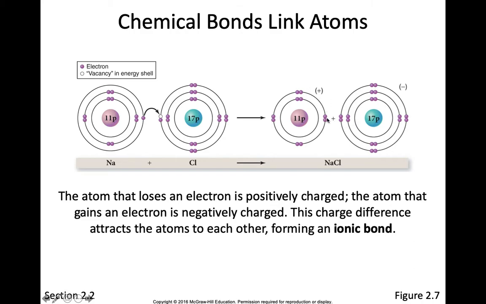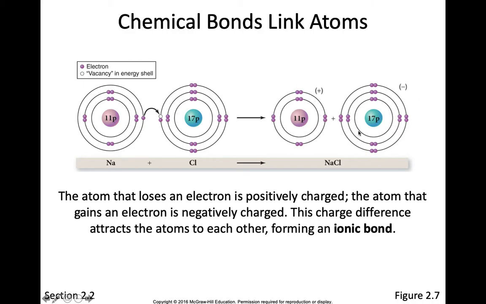Now, when this happens, sodium is supposed to have 11 protons, which it does, inside its nucleus. So if you remember, 11 protons needs 11 electrons to counteract that positive charge. Now there's just 10. 1, 2, 3, 4, 5, 6, 7, 8, 9, 10. Just 10 negatives. 11 positives, 10 negatives gives us a +1 charge over here.